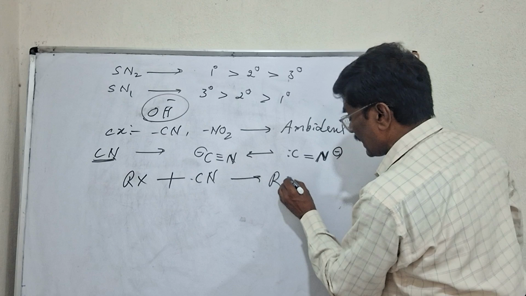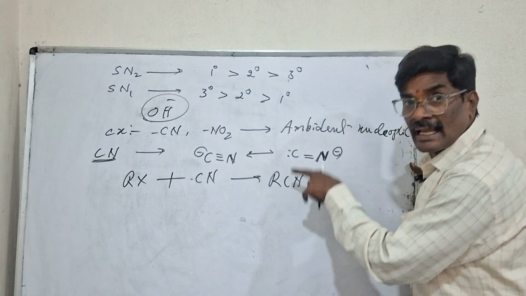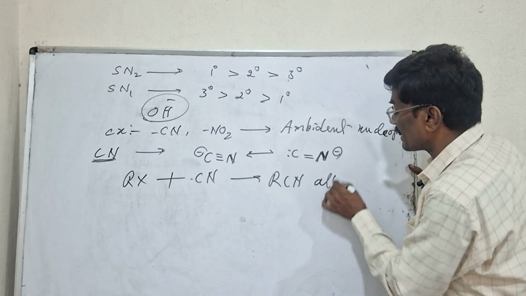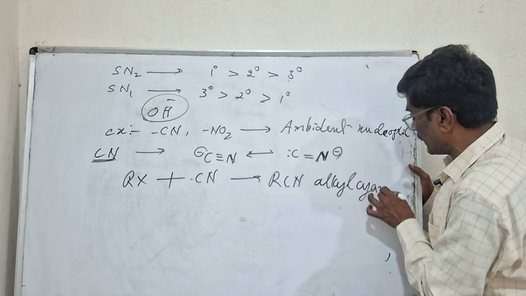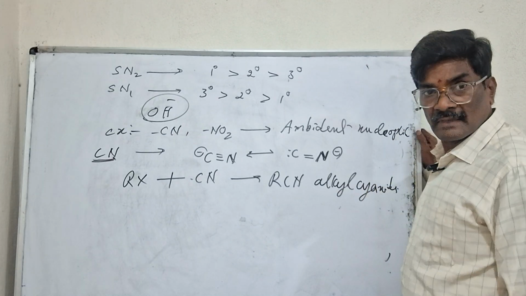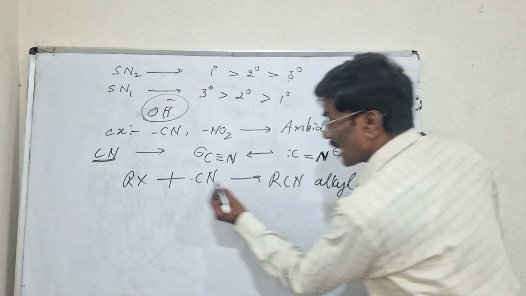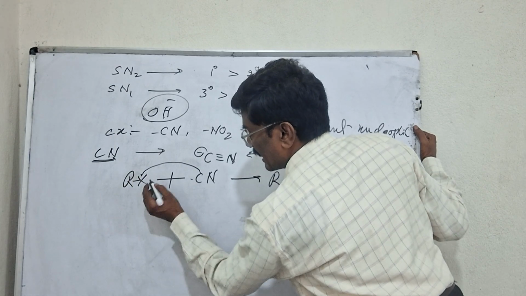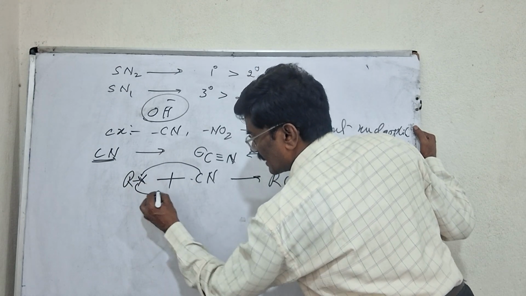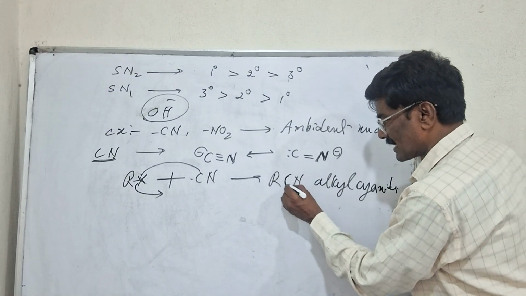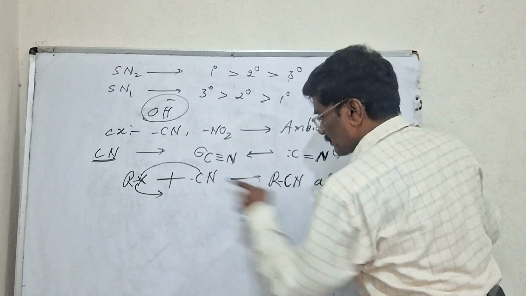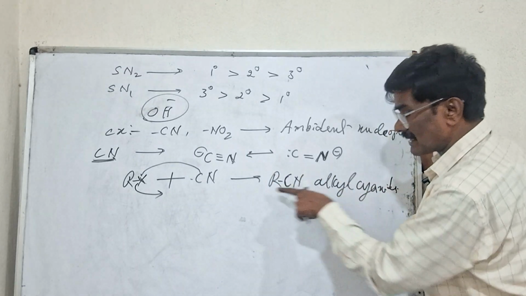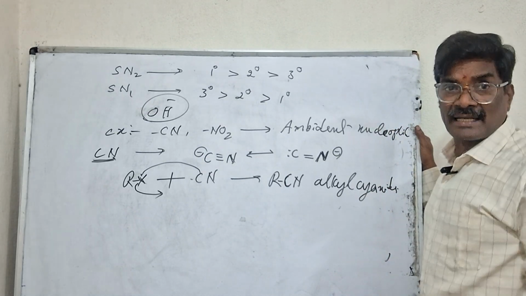We get RCN, alkyl cyanide. When carbon attacks the R group, the halogen goes out. A substitution reaction takes place. Here the RX bond is there, here the RC bond is there. So this is called alkyl cyanide. The product name depends upon the name of this alkyl group.